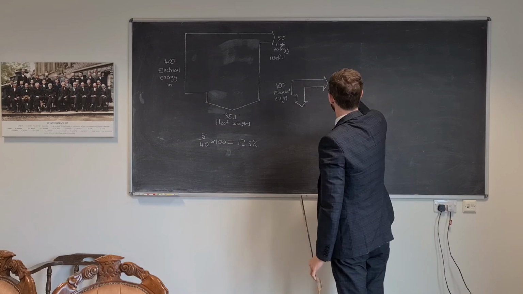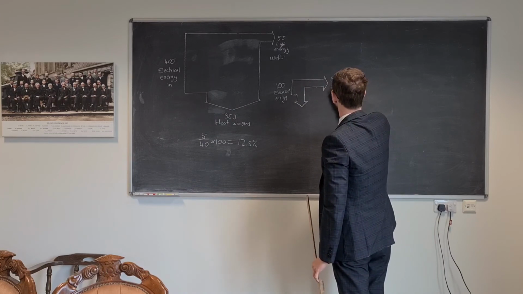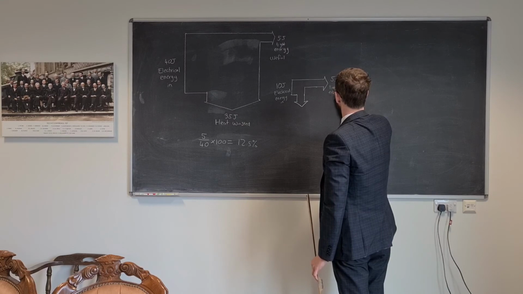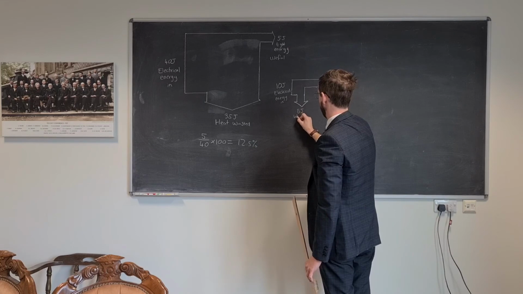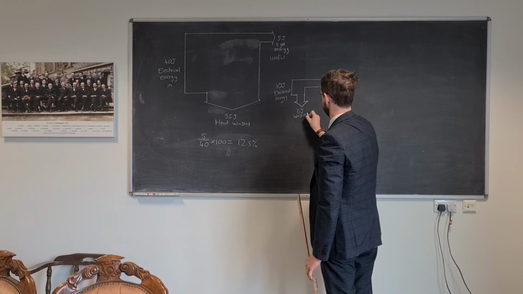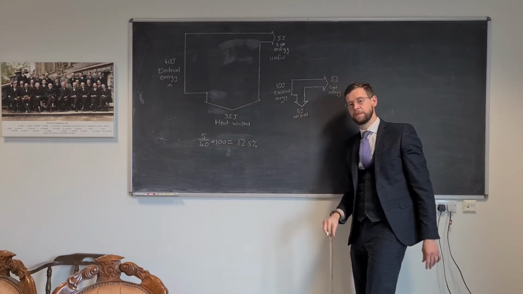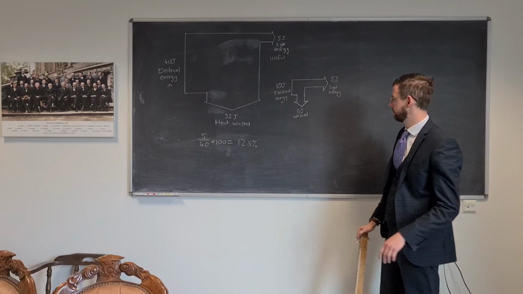So 5 joules of light energy that is useful, and perhaps 5 joules wasted. You can see that this would be 50% efficient because 5 is half of 10.